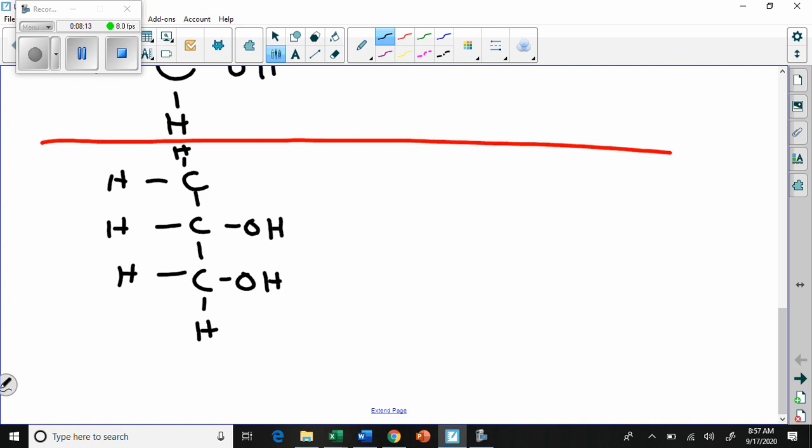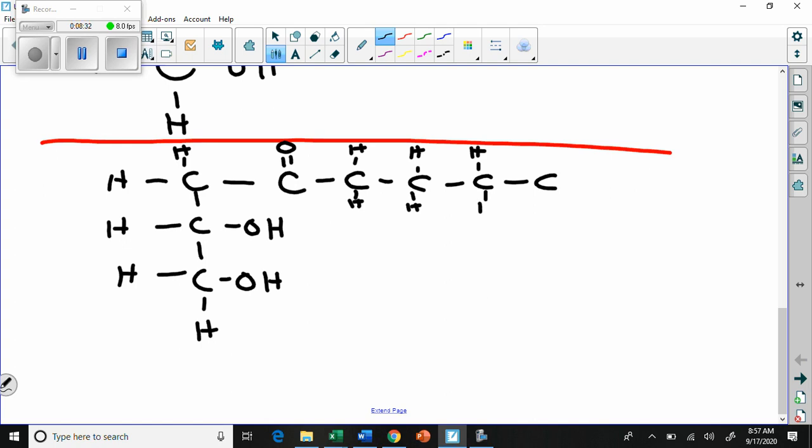Now this one, however, is going to be bonded to the C with the double bond O, and then the C, 2, 3, 4, 1, 5. There's our 5 carbon. And of course, the hydrogens will still all be up here and here. They haven't changed. So we have the carboxylic acid attached to the glycerol.